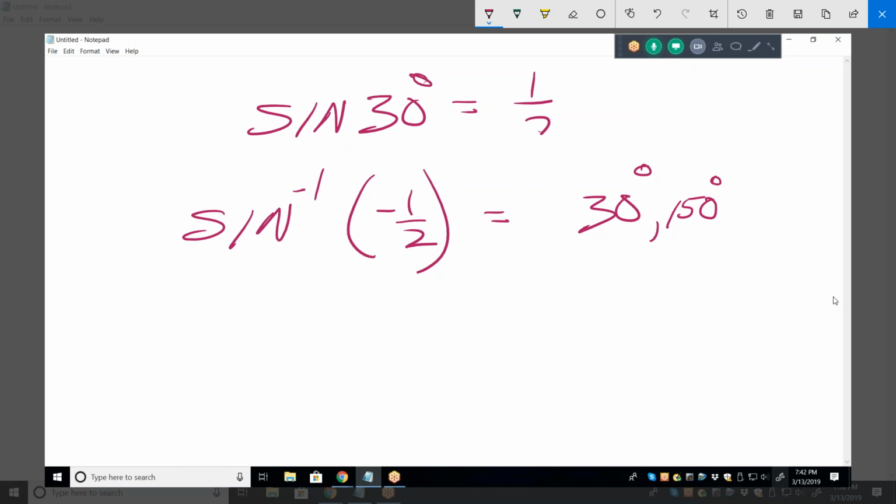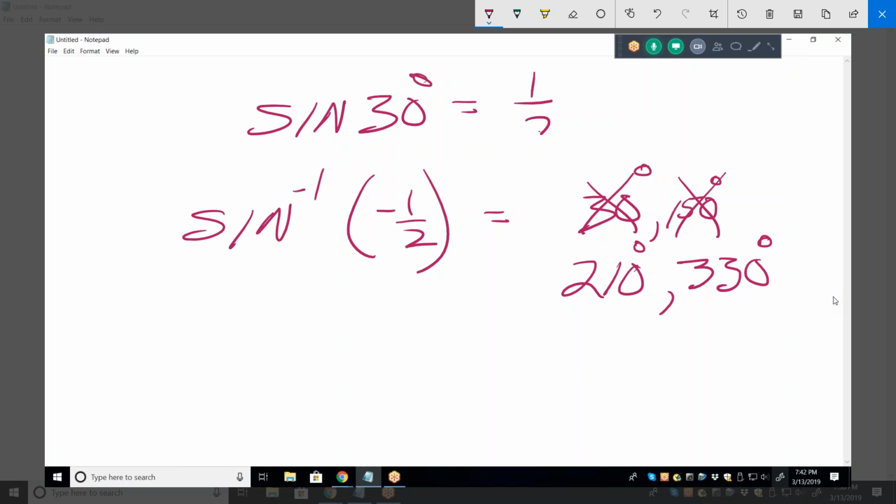So I know the sine of 150 is also 1/2, but it's positive because in the second quadrant, sine is positive. So it's not either of those. So let's look at the third quadrant. Well, which angle in the third quadrant? That one right there. And in the fourth quadrant? 330.